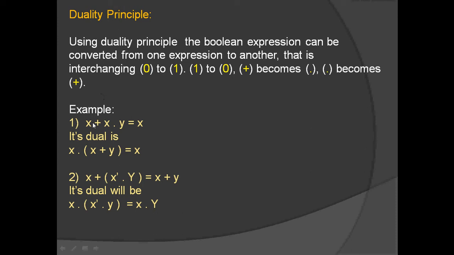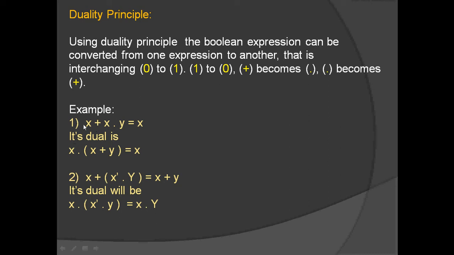So here, based on this example you can understand more. Here x or x and y equals x. This OR is represented by plus, which is sum, and dot represents AND, which is multiplication.